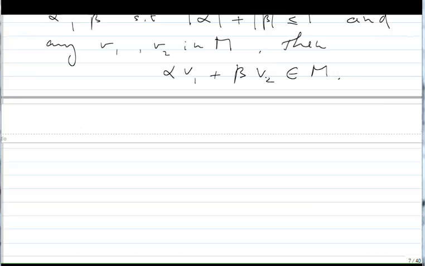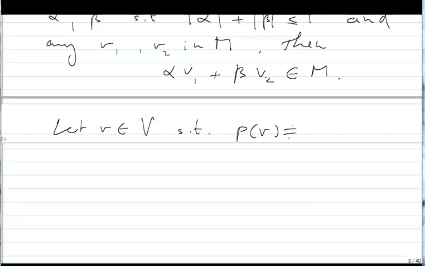Next, still under the property of absorbent, let v belong to V such that P of v is not equal to 0, because if it's equal to 0, then v belongs to M. In this case P of v will be positive.